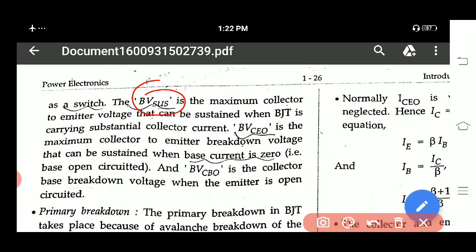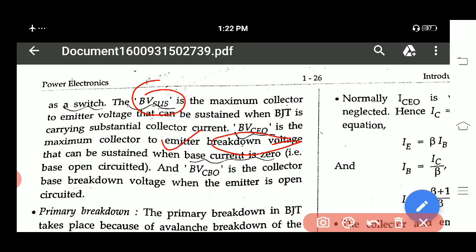Next, BVCEO. This is the maximum collector to emitter breakdown voltage that can be sustained when base current is 0, that is, the base is open circuited.